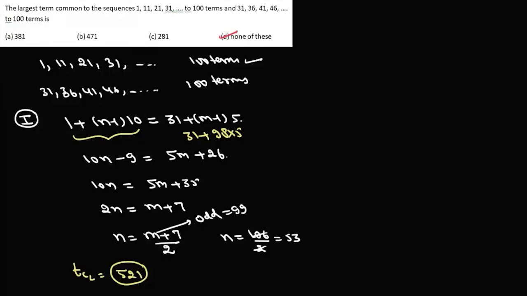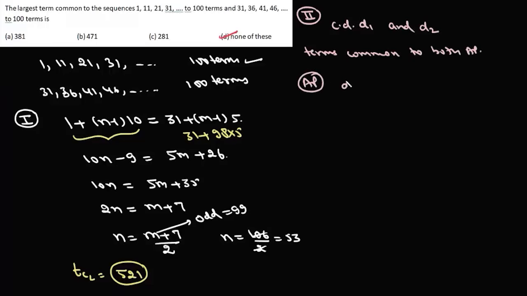Now, the second method of solving this question is, we have this theory that if we have two APs whose common differences are D1 and D2, then the terms common to both the APs will also form an AP whose common difference will be the LCM of the common differences of these two series.